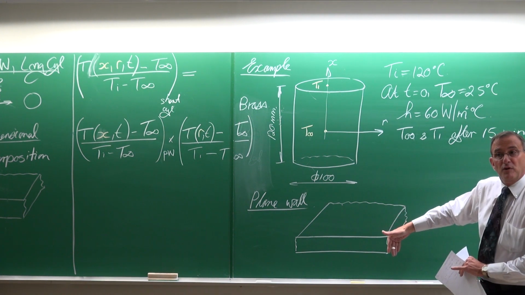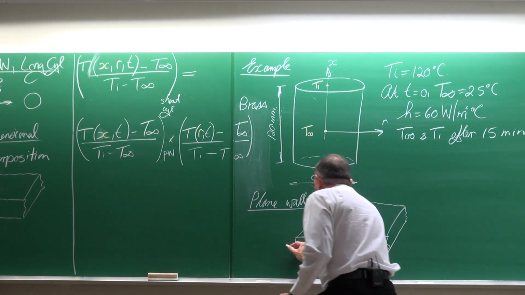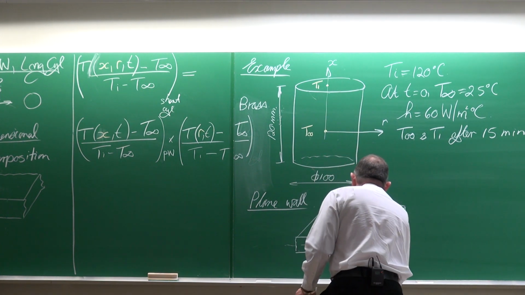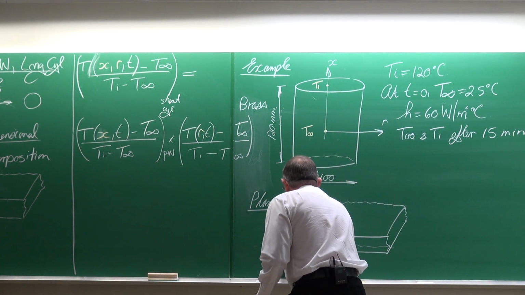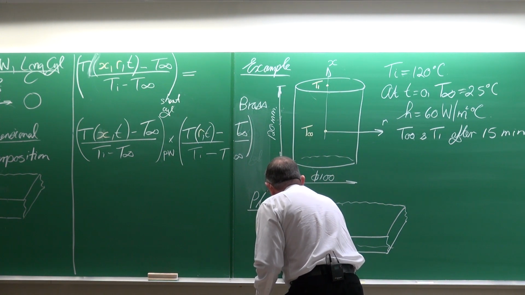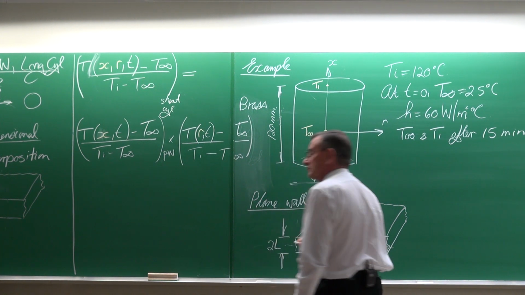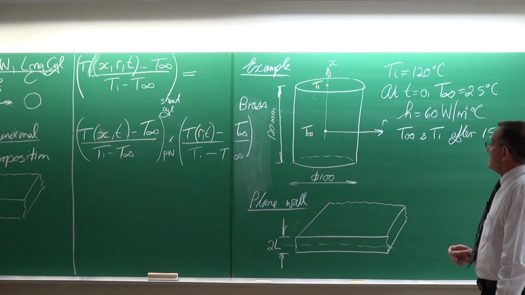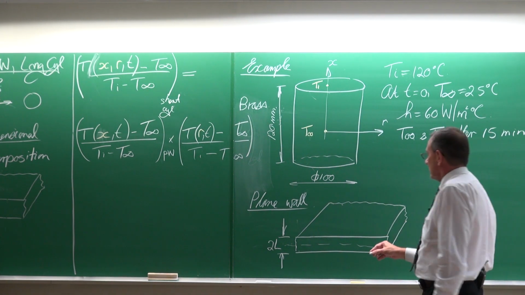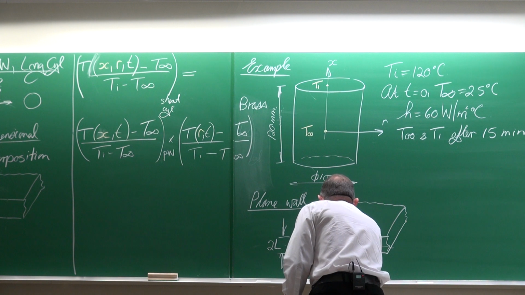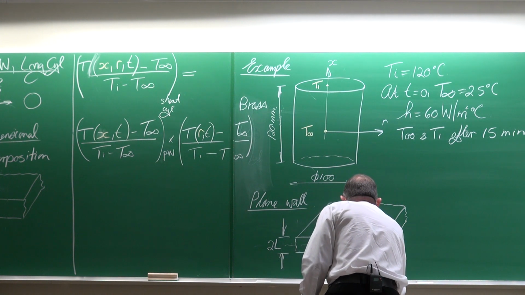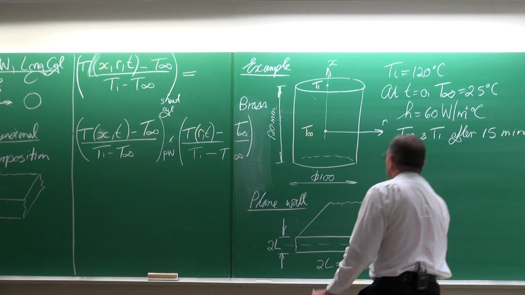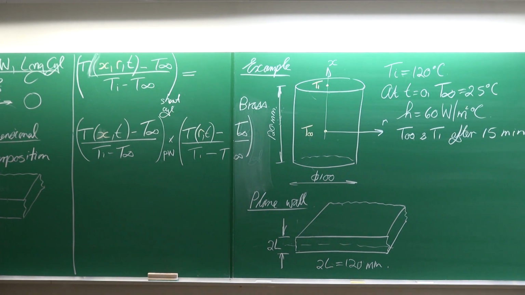Previously when we've looked at the plain wall, that was the center line, and that was equal to 2L. So in this case, 2L is equal to 120 millimeters, which means that L is equal to 60 millimeters.